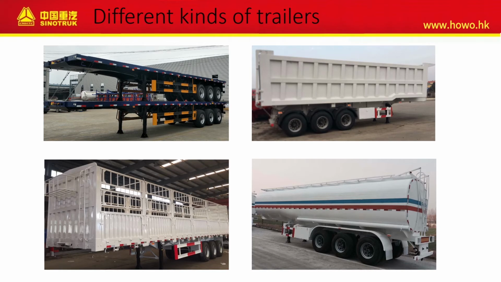And the last one is the tank trailer, which you can use to transport mainly liquids like fuel, oil, or even chemicals. So this is the function of the trailer. I just gave these four examples. Of course, there are other types, and I will possibly make another video to introduce the different types of semi-trailers. With these trailers, you connect to the tractor, so you can use it for different purposes.